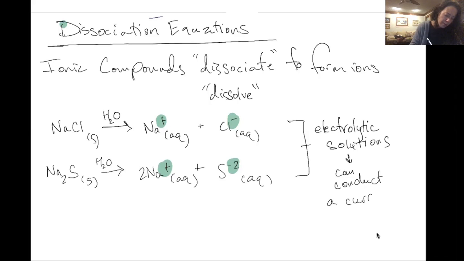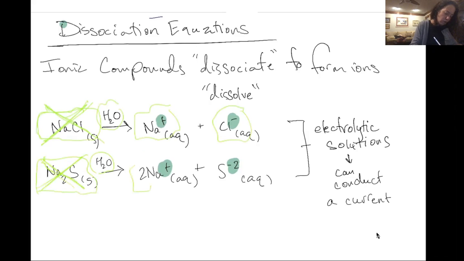When you take your NaCl and put it in water, you do not have NaCl particles floating around. You have sodium ions and chloride ions. When you dissolve sodium sulfide in water, you do not have sodium sulfide in the water. You have 2 sodium ions for every 1 sulfide ion.